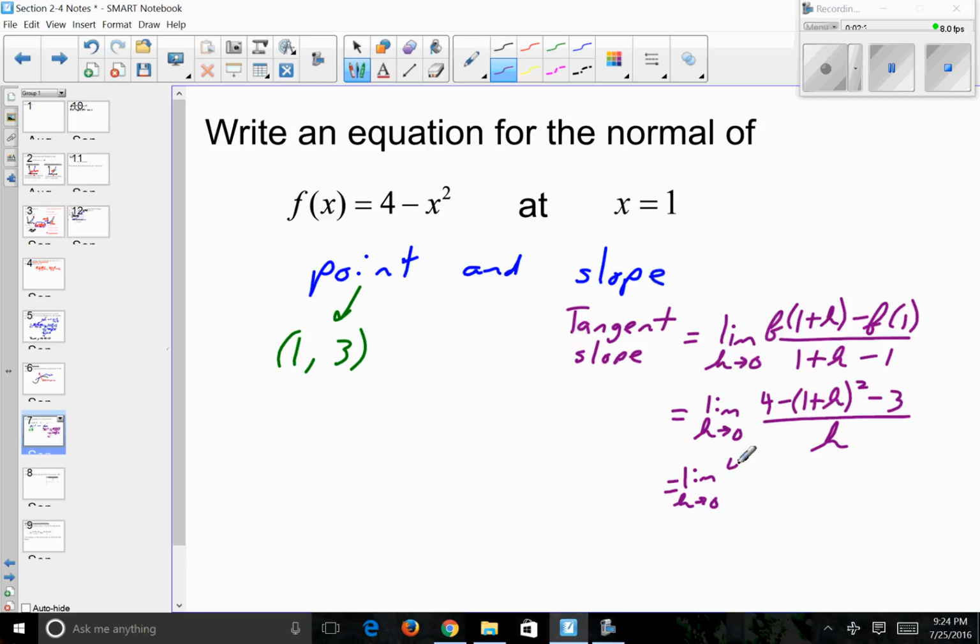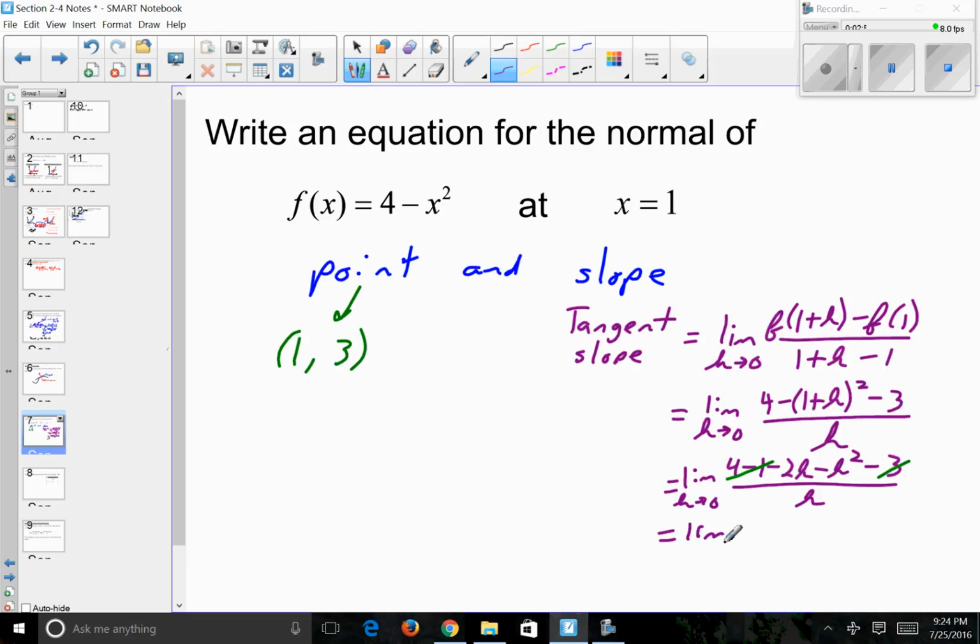So if I multiply out and distribute my subtraction in the numerator, I'll notice that 4 minus 1 is 3, minus 3 is 0, so these are all gone. And I can then cancel out an h in what's left.